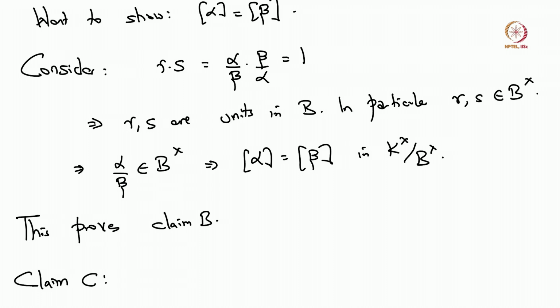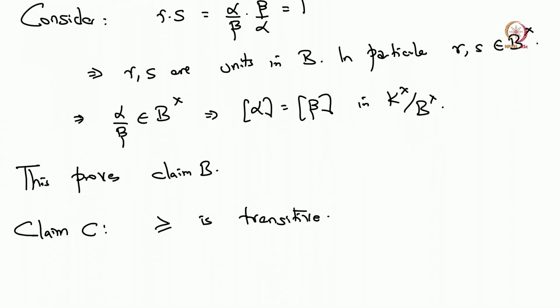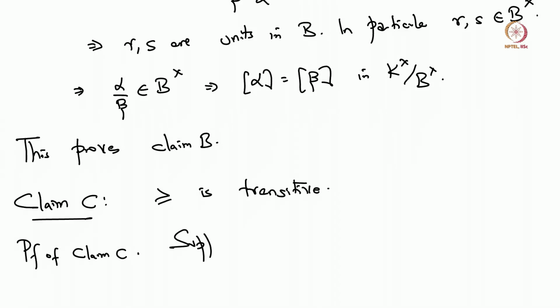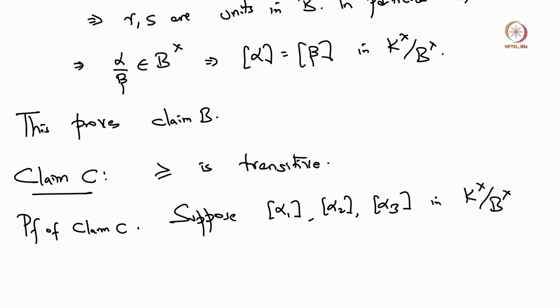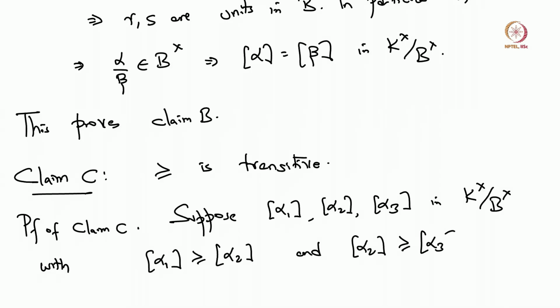So the next claim is that the symbol greater than or equal to is transitive. So again, proof of this claim. Take three elements, say alpha 1, alpha 2, alpha 3 in K cross mod B cross, with the property that square bracket alpha 1 is larger than or equal to square bracket alpha 2, and square bracket alpha 2 is larger than or equal to square bracket alpha 3.